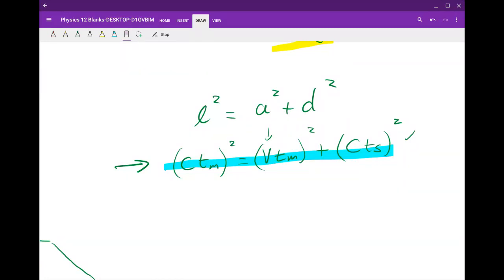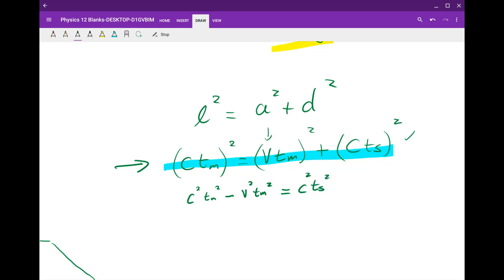So in order to do that, I'll go ahead and pass my thing over here. So I'm going to get C squared Tm squared minus V squared Tm squared equals C squared Ts squared.